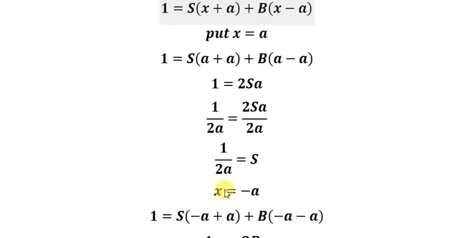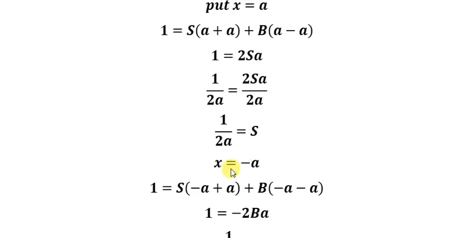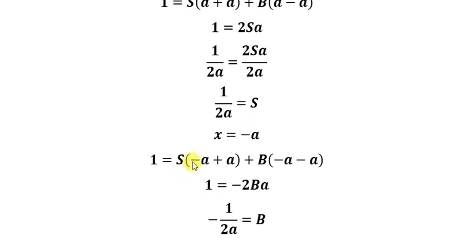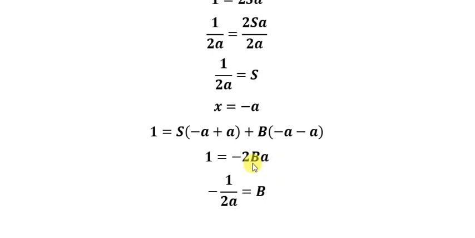Next, we also want to eliminate the s and deal with the b. In that case, we put x equal to negative a. Putting x equal to negative a, we have s times negative a plus a, plus b times negative a minus a. The s will be eliminated because negative a plus a is 0, times the s is 0.